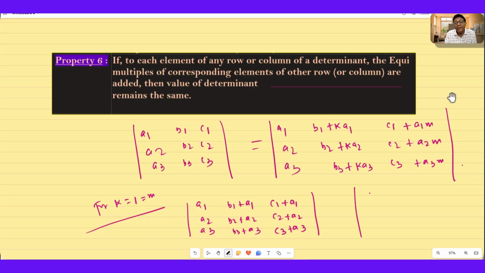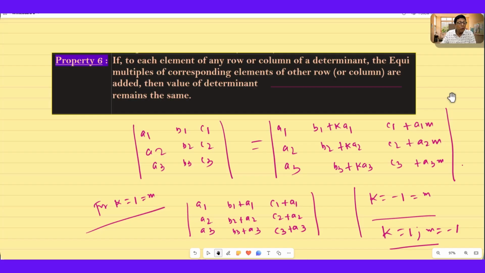For k minus 1, m is also minus 1. Then what you do? You subtract. There may be a case k equal to 1, m equal to minus 1. I mean elements of one row you are adding to elements of another row and subtracting from elements of the third row, then value will remain the same.